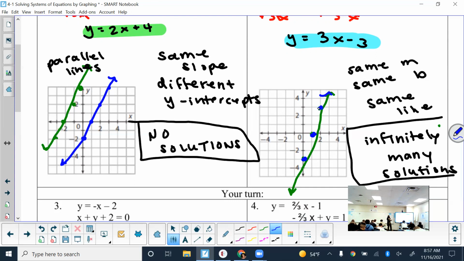It's the same exact line. Questions? All right, so try the next two, your turns. I know I probably didn't need to graph it, but if on the test it says to graph it, then you better graph it or else you lose points.